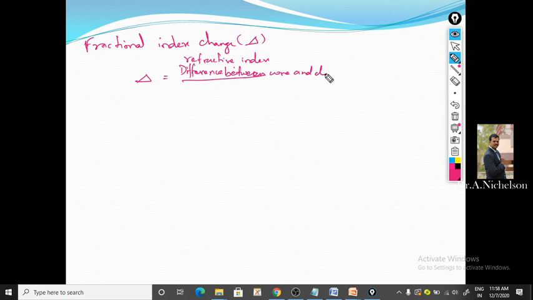The refractive index of core is n1, so delta is n1 minus n2 divided by n1. This is the fractional index change. So I can write it as n1 into delta is equal to n1 minus n2.